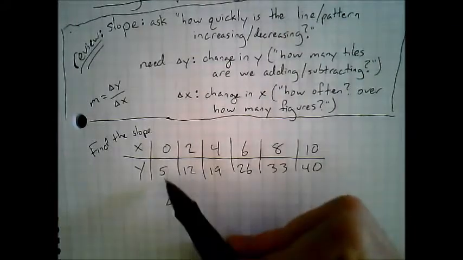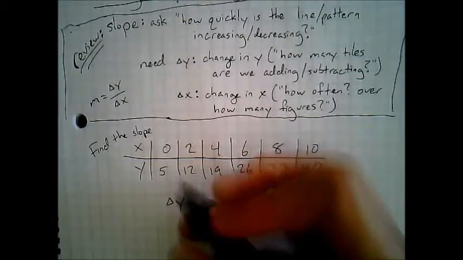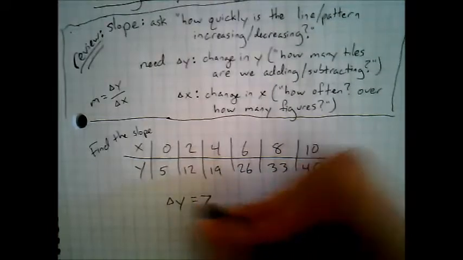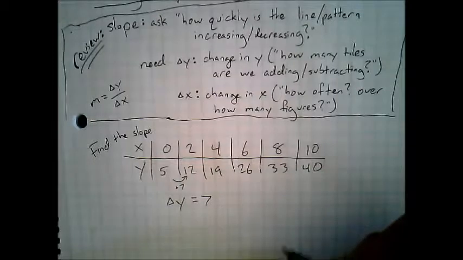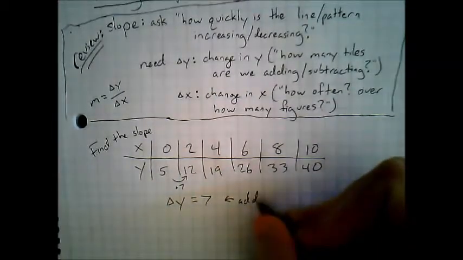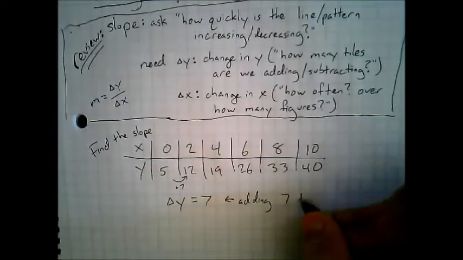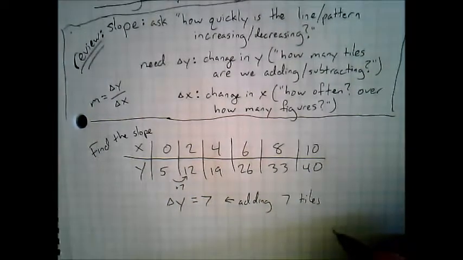Well, I know 5 plus 7 is 12, plus 7 is 19, plus 7 is 26, so our delta y equals 7. We're just adding 7 tiles. That's what delta y equals 7 means. We're adding 7 tiles.